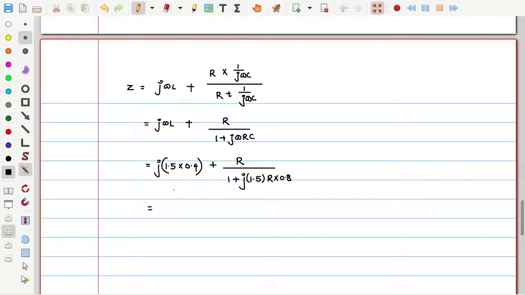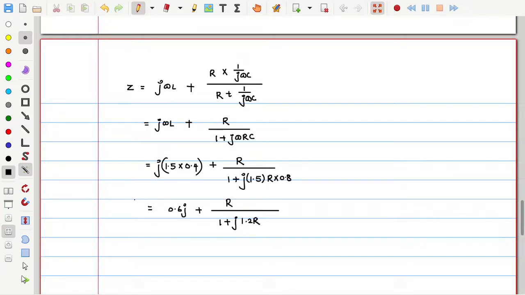So 1.5 into 0.4 is 0.6. So 0.6 j plus R divided by 1.5 into 0.8 is 1.2. So I can write 1 plus j 1.2 R.